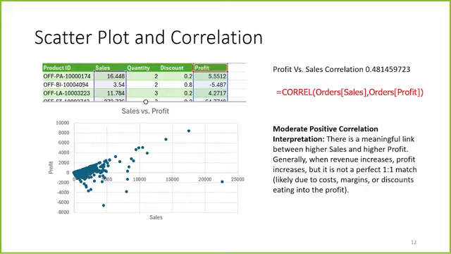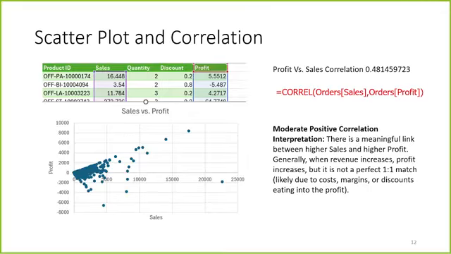What is the interpretation? It means that we have some meaningful link, that higher sales come with higher profit, which is quite a fact. Higher sales should mean higher profit, right? But it's not one-to-one. It doesn't mean sales twice more will get profit twice more, right?